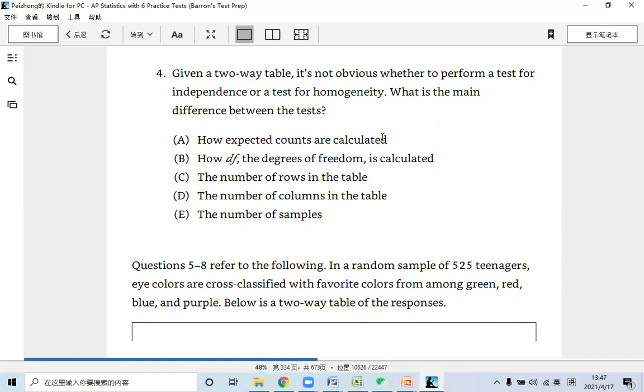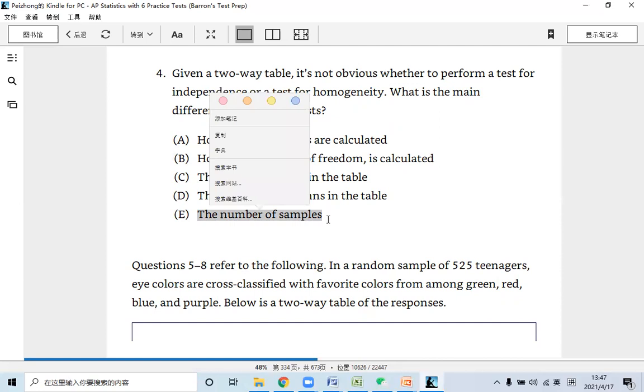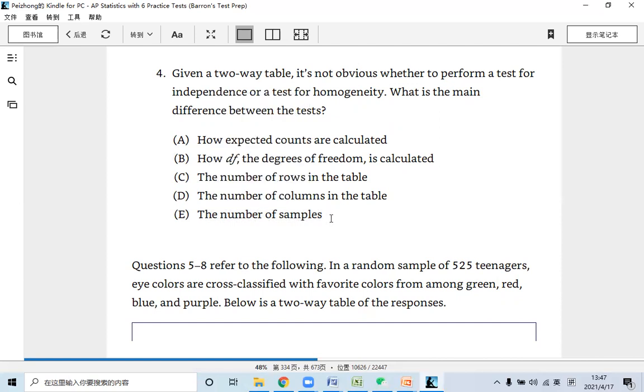How expected counts are calculated? No. Degrees of freedom? No. The difference is the number of samples. How many samples do you have? If you have one sample, you do a test for independence.